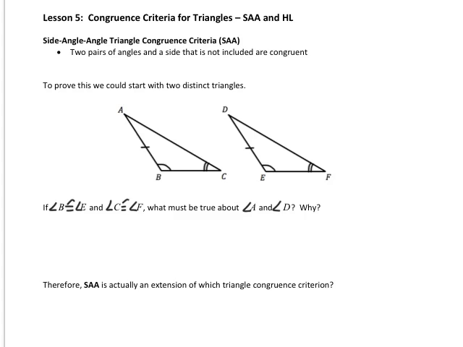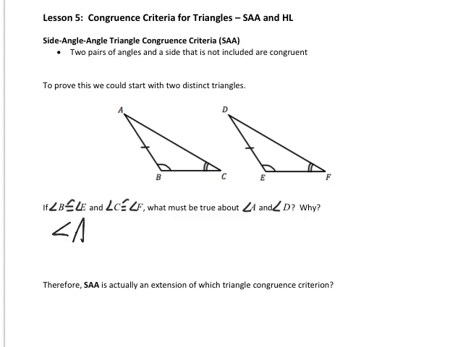So we can look at this. If we start with two distinct triangles, and here we have our congruence markings. Well, if these angles are congruent, what has to be true about A and D? And if you think of it, A and D have to be congruent.